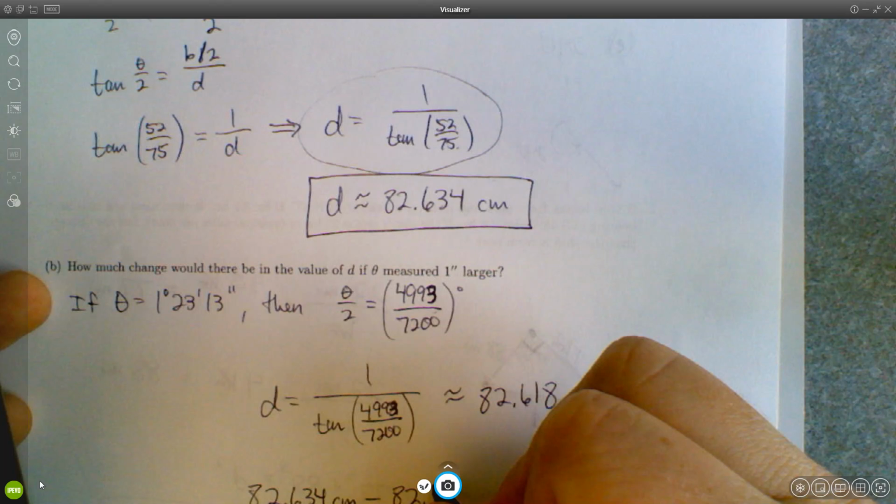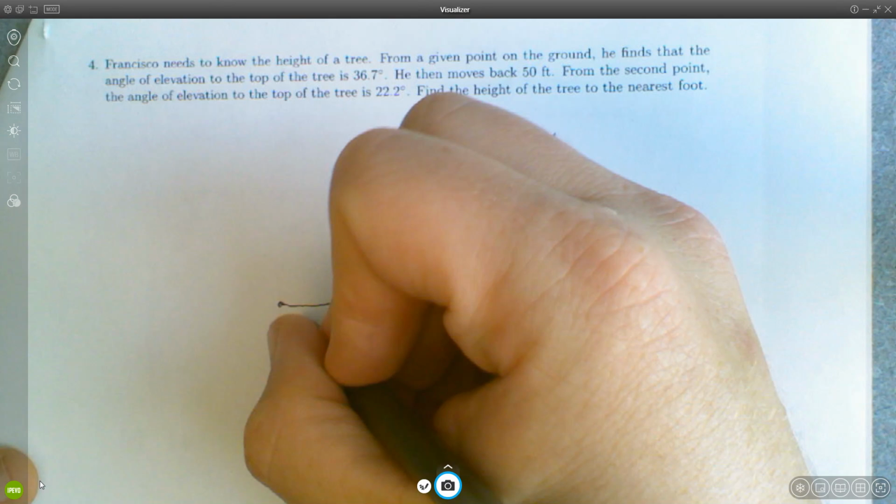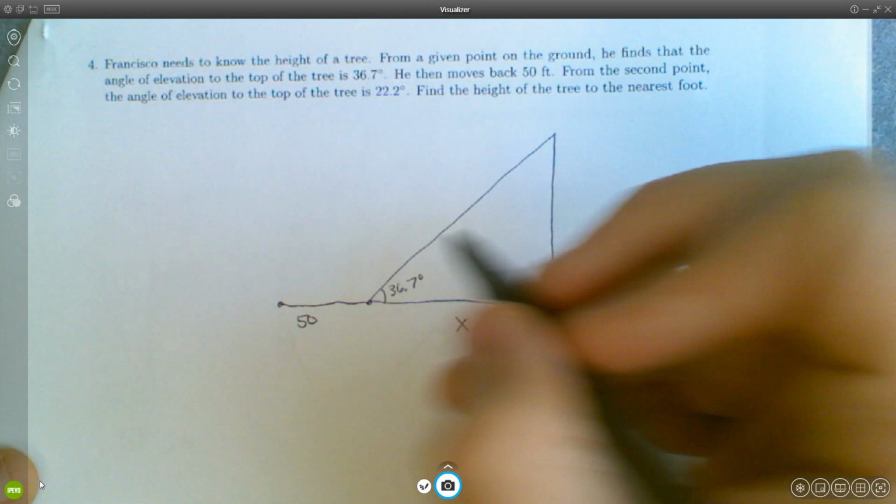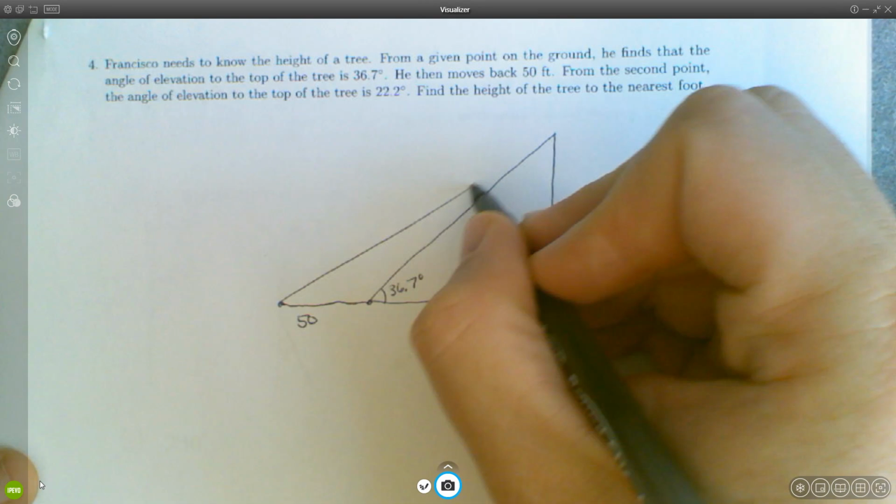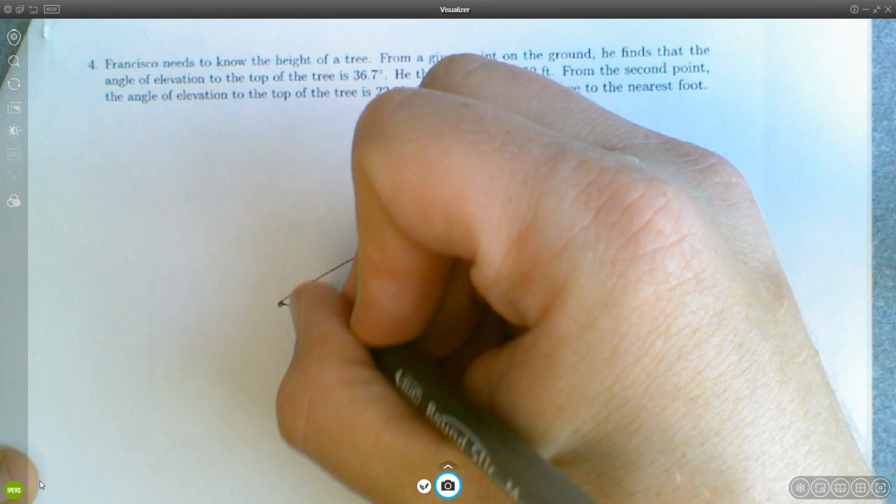Okay, so let's say that the tree is here, and that from the first location, it doesn't say how far it is, so we'll call it x or something, but from that location to the top of the tree the angle is 36.7 degrees. Then it says he moves back 50 feet, and that the new angle of elevation to the top of the tree is 22.2 degrees.